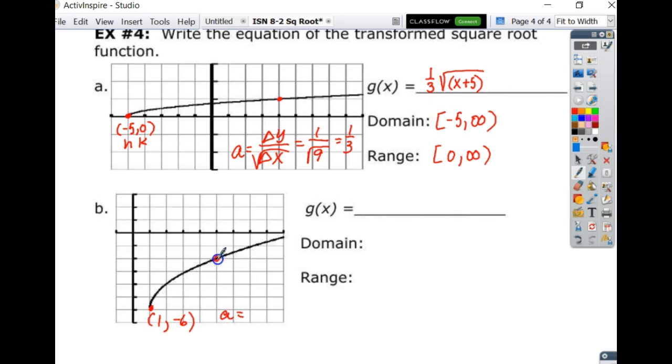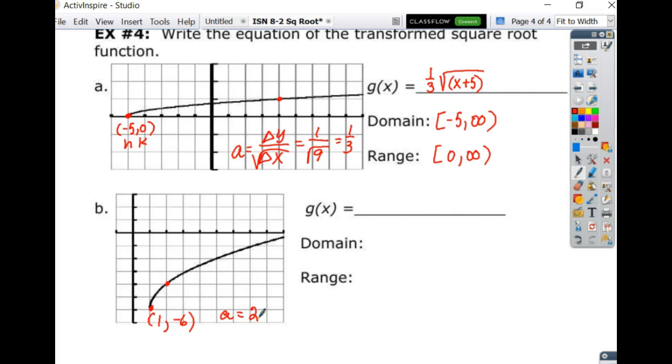I think my next point is right here. Is that right? Do you think it matters? If we pick this one, how many do I go up? How many do I go over? The square root of 1 is 1, so my A value is 2, right?